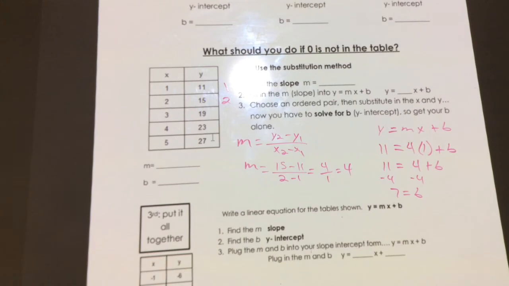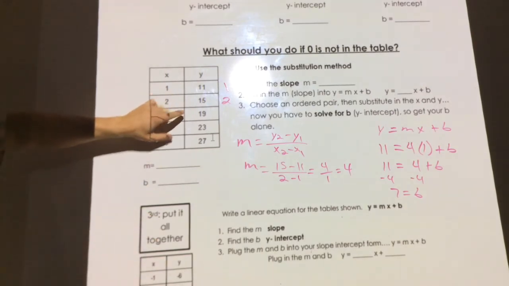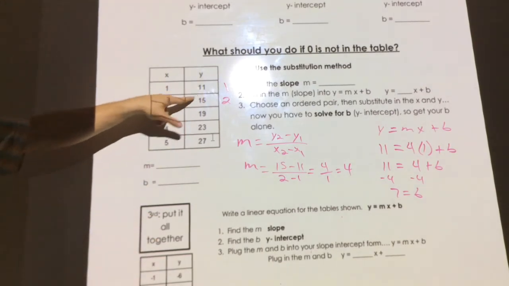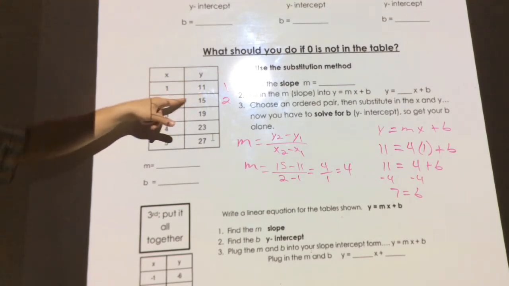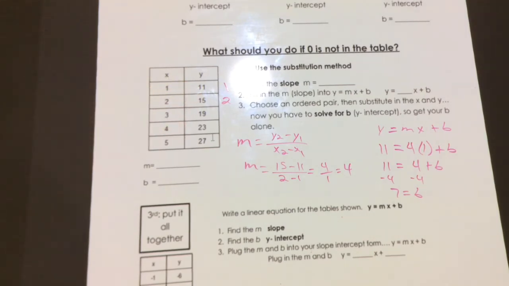Let me just confirm this, okay? Go to your slope and put these first 2 points in right here. Like in the calculator, the stat, L1, L2.